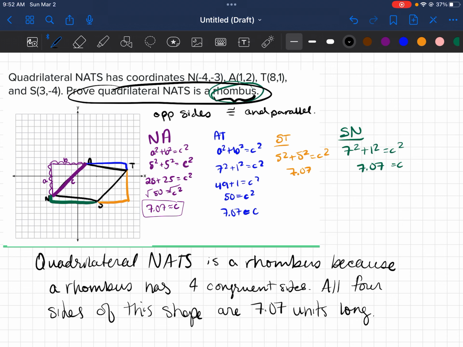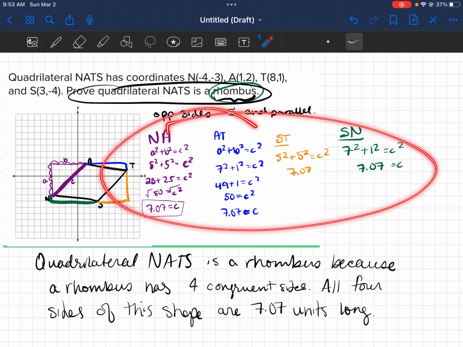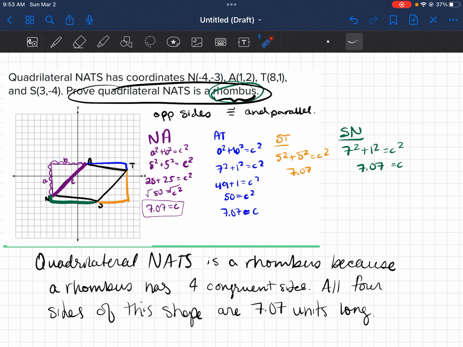And I'm just taking all of this work that I did here and putting it into a sentence. And this is your completed proof that quadrilateral NATS is a rhombus.